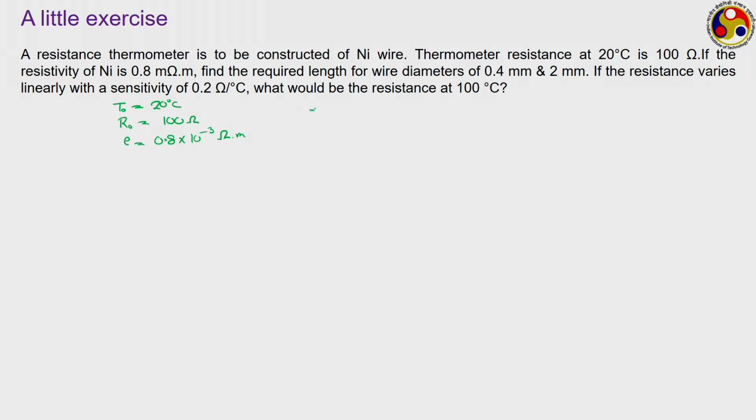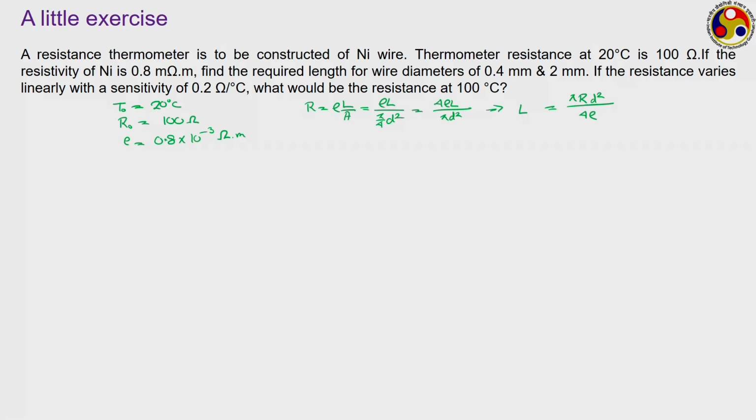We know that as per the definition, the resistance R is written as rho L by A, where L is the length of the resistor and A is the cross section area, or if we make use of the diameter, then it is rho L divided by pi by 4 d square, that is 4 rho L by pi d square, or if we take length out, so we have L equal to pi R d square by 4 rho. So it is a very straightforward situation.